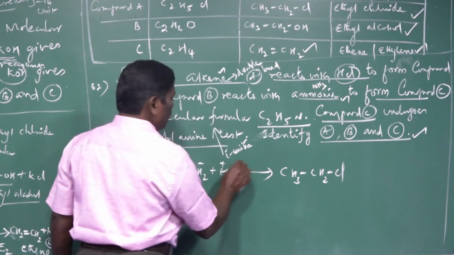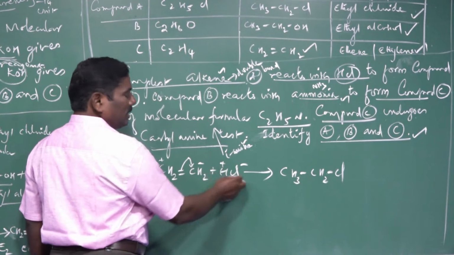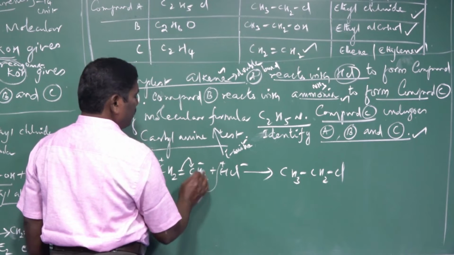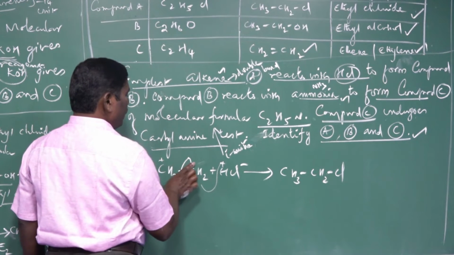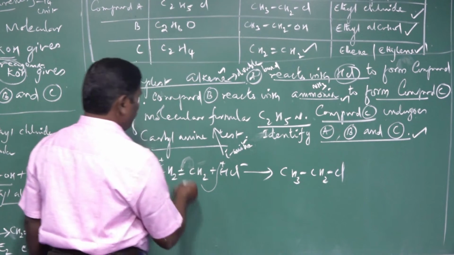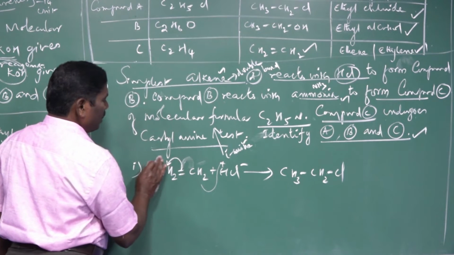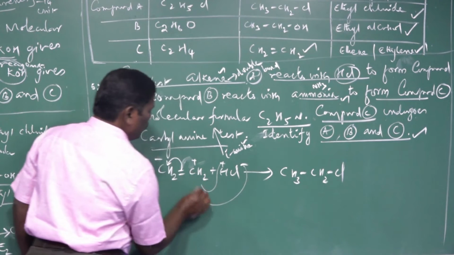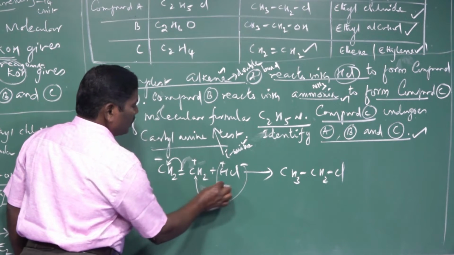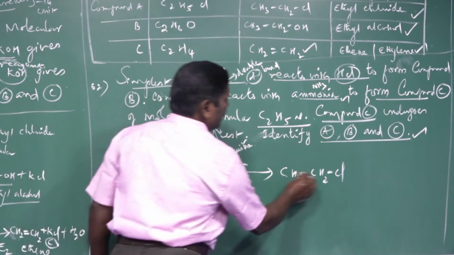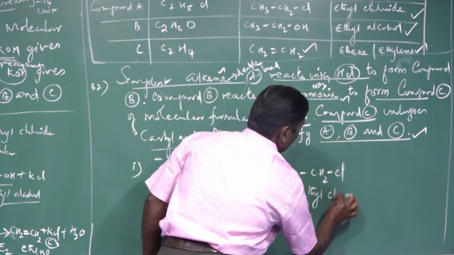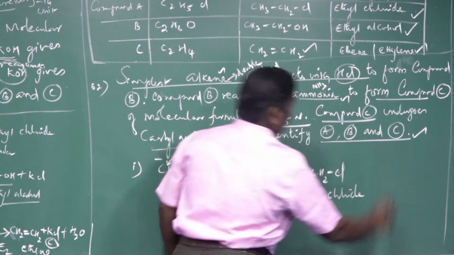The hydrochloric acid is split as H plus and Cl minus. The bond will shift here, so one becomes minus and one becomes plus. Now the negative charge approaches here and the positive charge approaches here. Now the product is ethyl chloride.